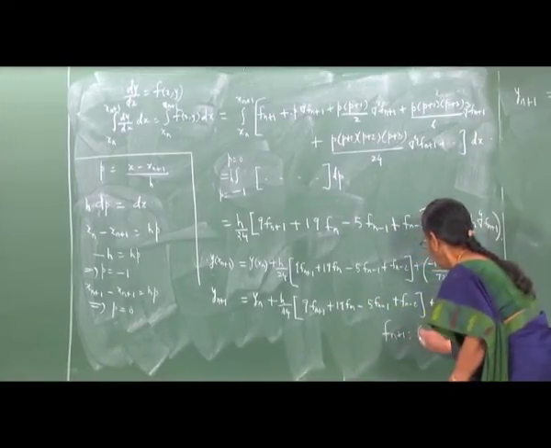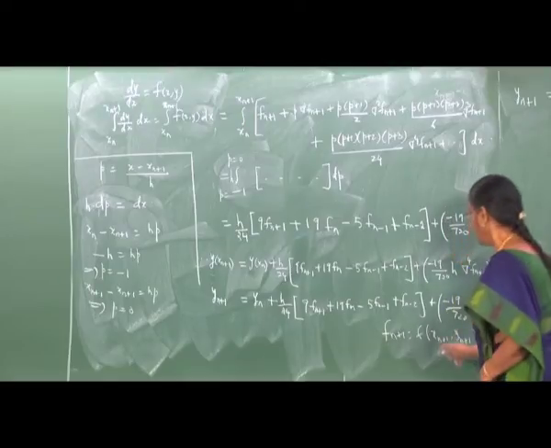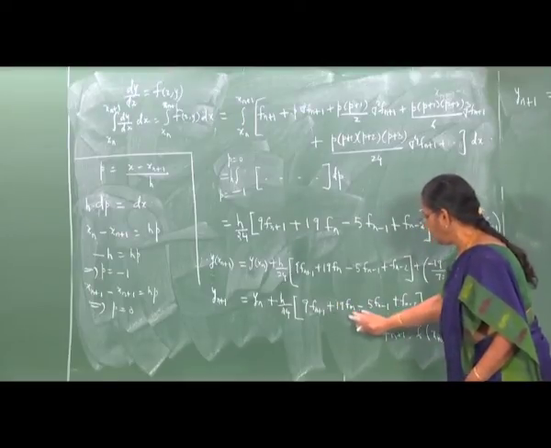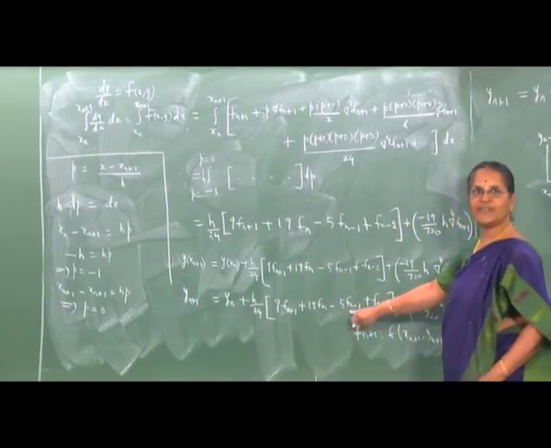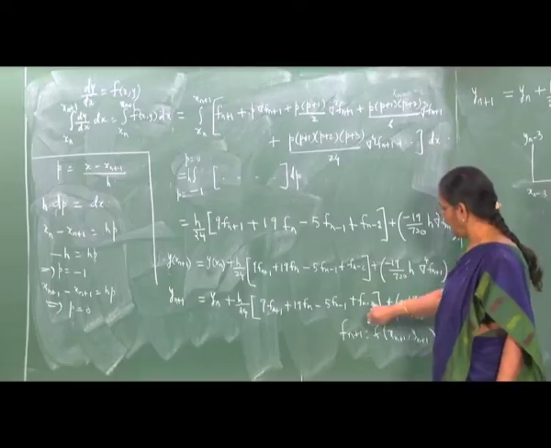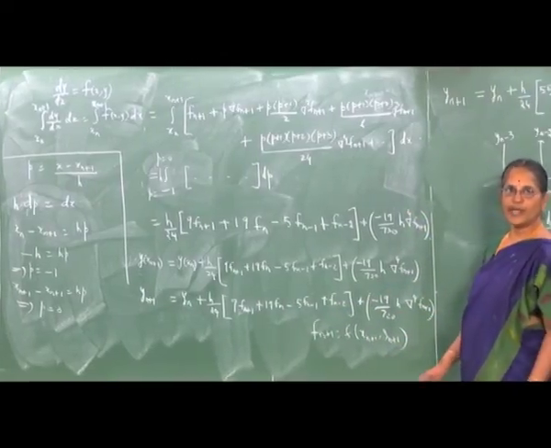Namely, fn plus 1 is f of xn plus 1 yn plus 1, and we already have seen fn is f of xn yn, fn minus 1 is f of xn minus 1 yn minus 1, and fn minus 2 is f of xn minus 2 yn minus 2.